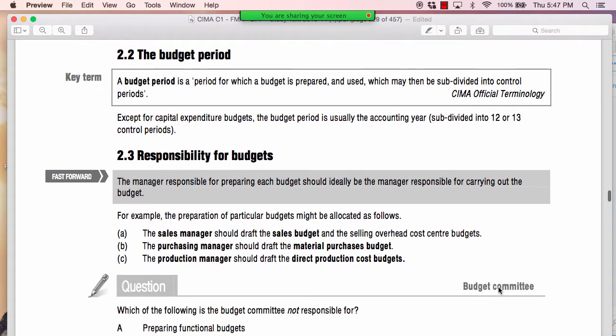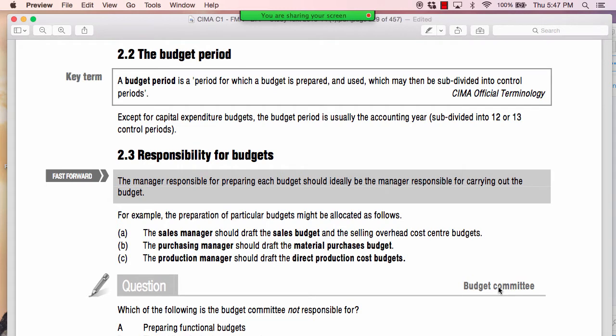Now, a budget period is a period for which a budget is prepared and used, which may then be subdivided into control periods. You will hear this word for budgets: we are freezing this period, and they will have these budget periods.